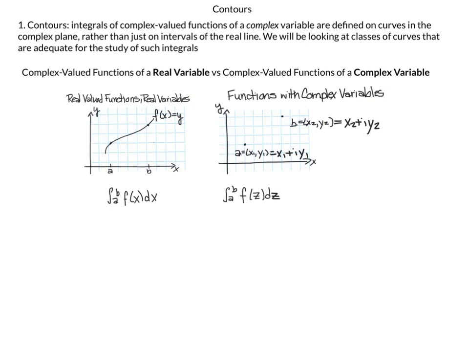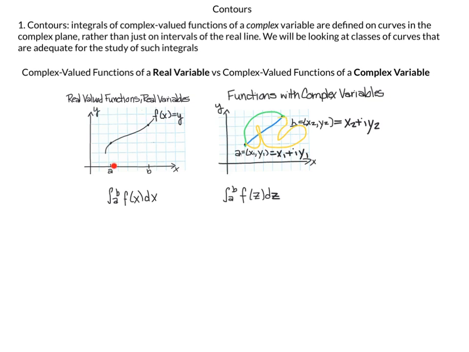So then when we integrate from a to b, there's not just one path we can take. Certainly we can take this straight line path, but we can also take maybe a curved path, or we could take some totally randomly strange path to go from a to b.